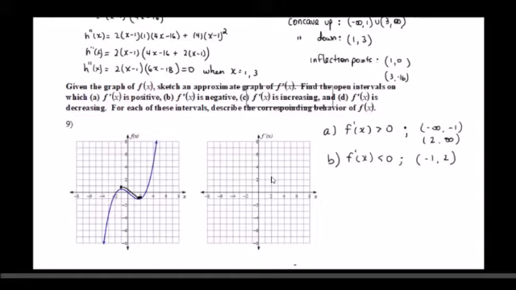So if we go back to the picture of our original function and consider the graph from about here to about right here. So if we consider this piece of the graph from there to there, that piece of the graph is concave down.